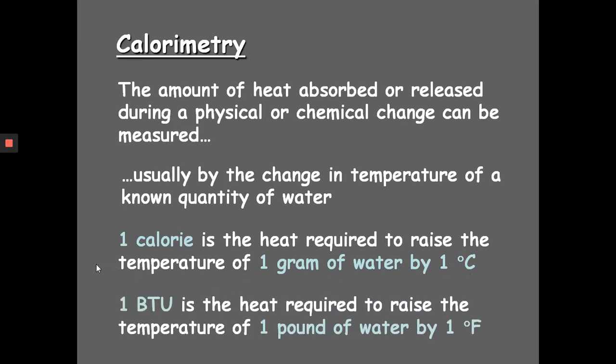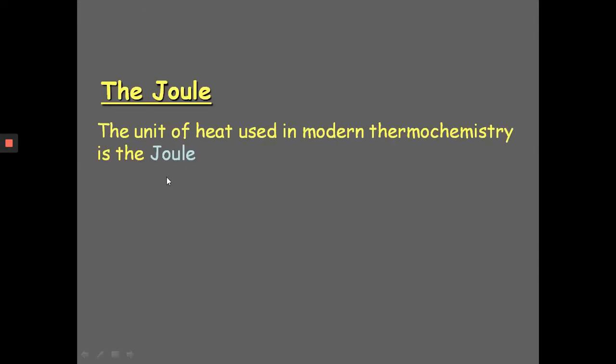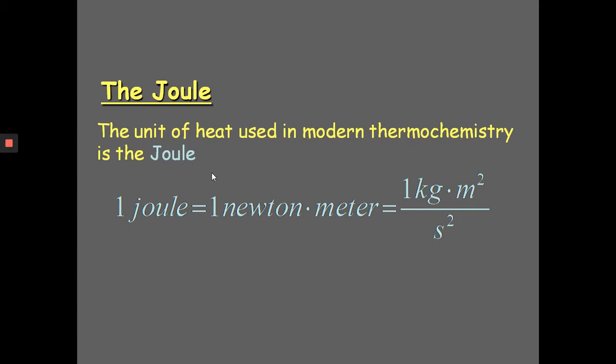We also have a different unit system called a BTU. This is the heat required to raise the temperature of 1 pound of water by 1 Fahrenheit. The unit of heat used in modern thermochemistry is called the joule. A joule is equivalent to 1 Newton times meter.